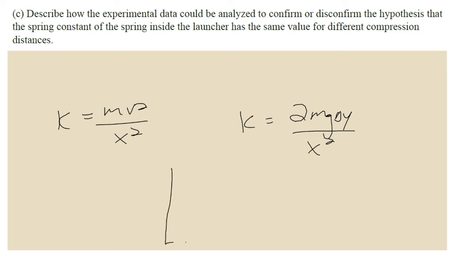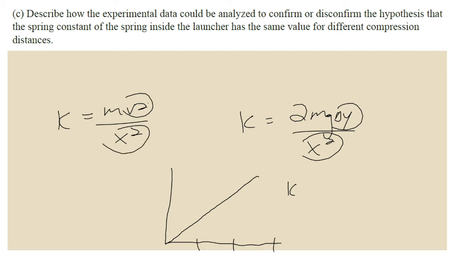Now, of course, if you do make a graph, you really just have to talk about the graph being and staying linear at these different compression distances on the x-axis. That would be sufficient. Having said that, just using the equation to get a K value with the height and spring compression, or speed and spring compression, of course these being the average values, at position A, B, and C, and then just comparing those 3 numbers, I think would be sufficient.